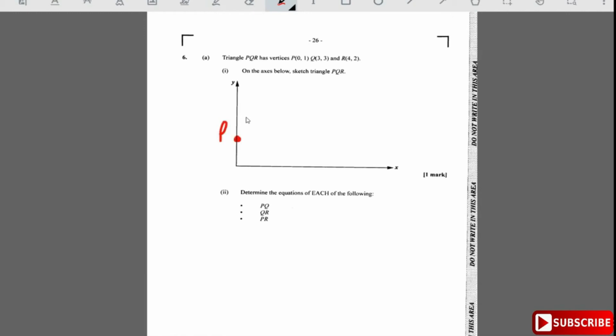P is the point (0, 1). Q is the point (3, 3). So if this is 0, I can go 1, 2, 3, 4. So this is 3, and so Q is the point (3, 3).